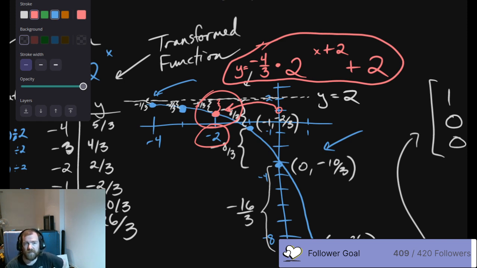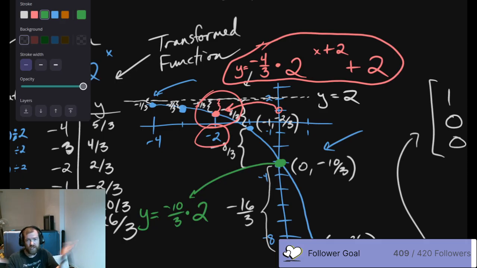Because instead, if I choose my initial value as this one, 0, -10/3, then I could say this is going to be y equals -10/3 times 2 raised to the x. We didn't shift left or right, so it's just 2 to the x. And then plus 2 on the outside, because again, we shifted up 2. If you plug these in, you're going to get the exact same thing.